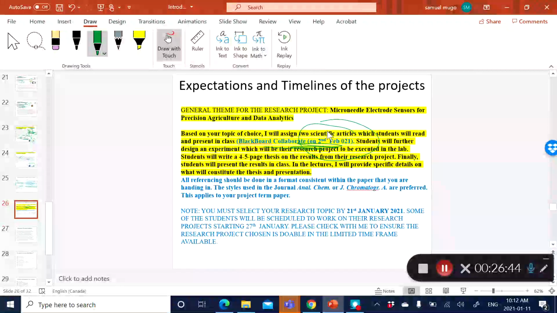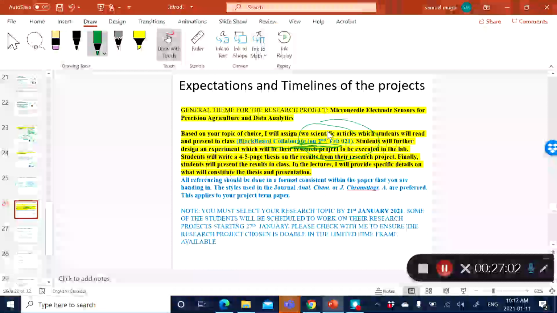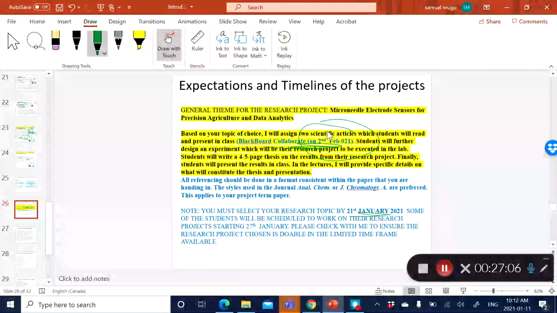On the other hand, it also gives you the background, or the literature review of the field, so that you're knowledgeable on the field and the reason for the choices of, say, the reagents you use and the chemistry at play, and also the reason for the analytical method that you're going to use and so forth. So again, choose a topic by the 21st of January, I will assign you the articles, and then you can present on the 2nd of February.